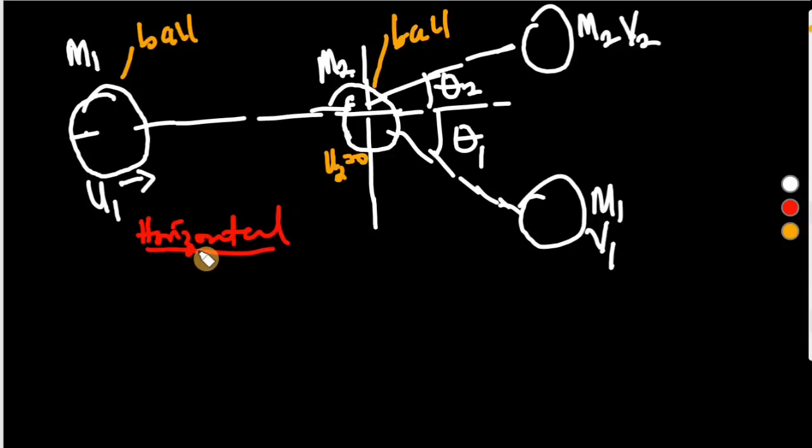For momentum to be conserved, the initial momentum before collision should equal the final momentum after collision, that is, if the collision is isolated and there is no net external force in the system.